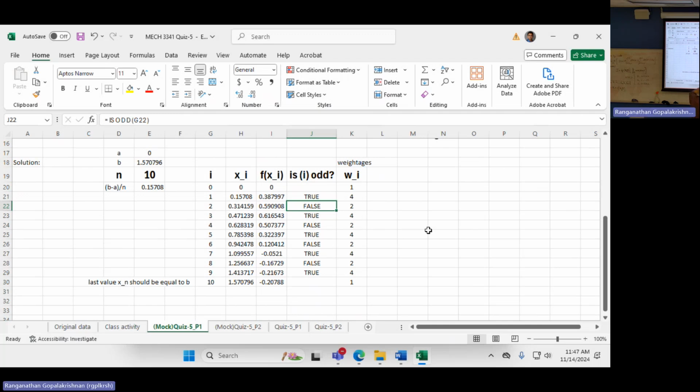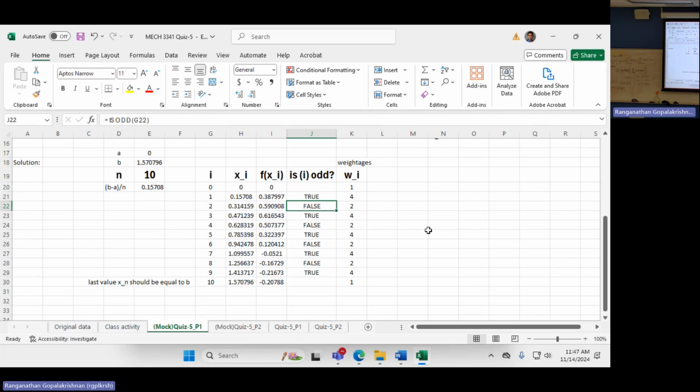Just start over, okay? In the first line you write equal to A, whatever A is. The second line is x naught plus the delta times i. Same problem.